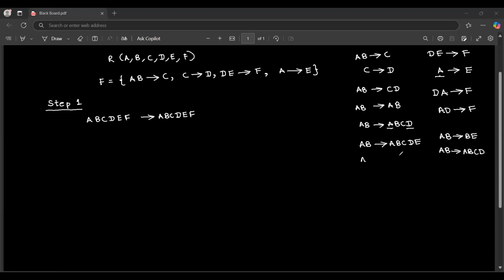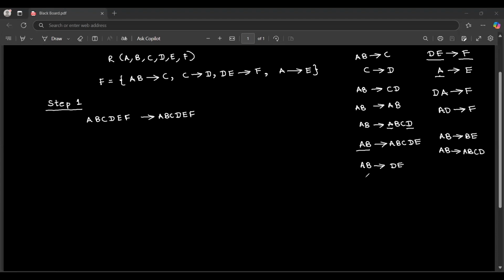Okay, fine. Now, since we know AD functionally determines F and AB functionally determines D, we have AB functionally determines A, B, C, D, E, and we know AD functionally determines F. Actually, DE functionally determines F. Here we can say AB functionally determines DE by using the decomposition rule.